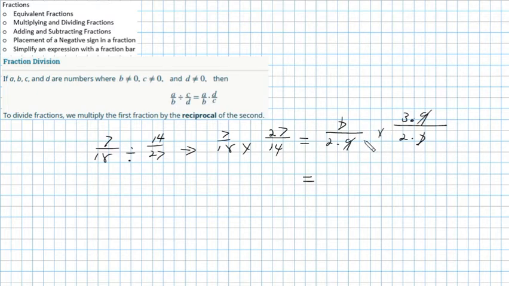So remember, maybe I should write out that entire thing. Let's say the result of all of this would have been what? 7 times 3 times 9 over 2 times 9 times 2 times 7, see? And so now 7 divided by 7 is 1, 9 divided by 9 is 1, and I'm left with 3 over 2 times 2, 4.